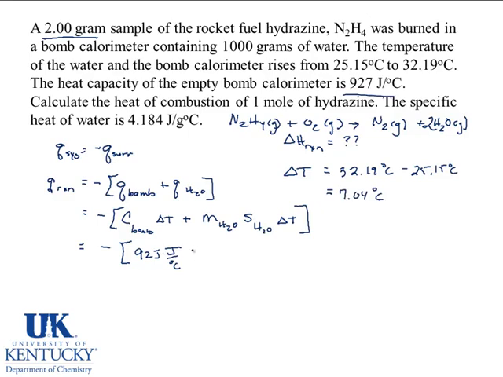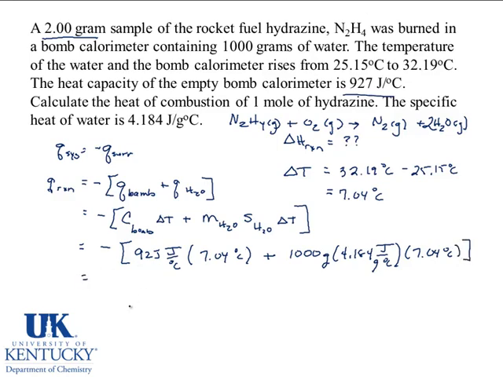I can place that right here. So this is times 7.04 degrees Celsius. The mass of the water is 1,000 grams. The specific heat of water is 4.184 joules per gram degree Celsius. And the change in temperature of the water would be the same as that of the bomb, 7.04.